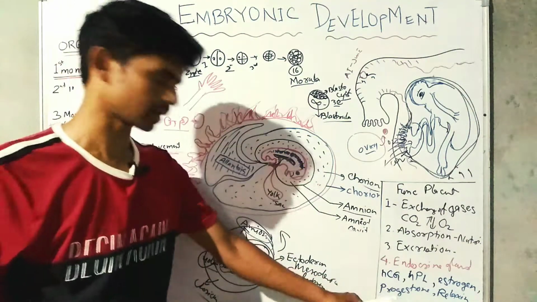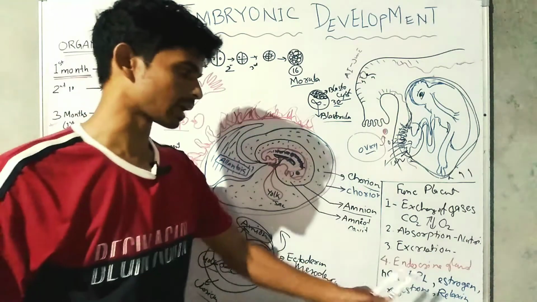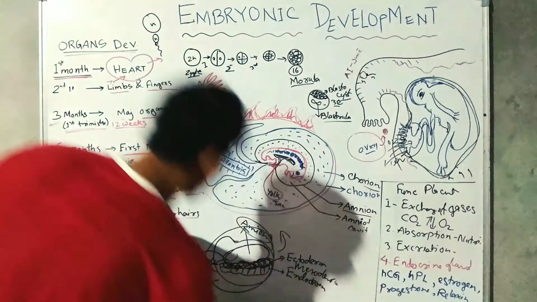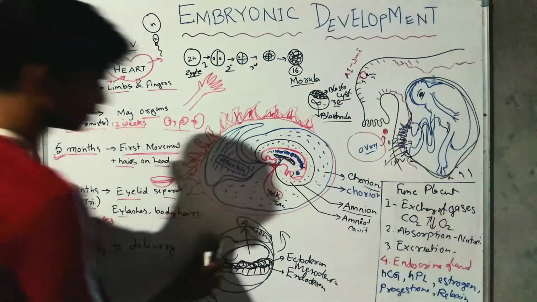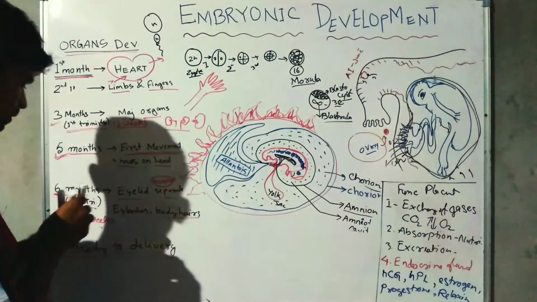So I think you are not able to see this, so I'll repeat once. Endocrine gland, HCG, human chorionic gonadotropin hormone. So the placenta also acts as what?